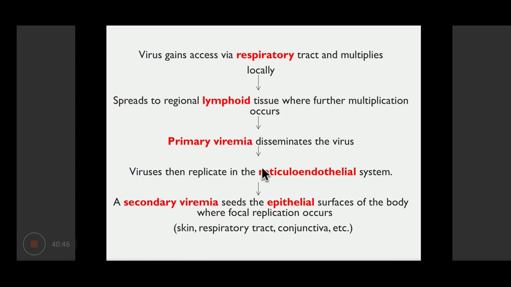It spreads mainly to the reticuloendothelial cells where it replicates, and subsequently there is a secondary viremia which seeds the epithelial surfaces of the body, including skin, respiratory tract, and conjunctiva, where focal replication takes place. This is how the measles virus gains entry, spreads and establishes itself in the human body.